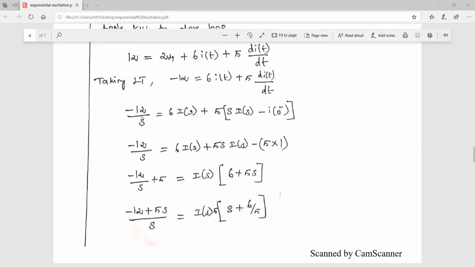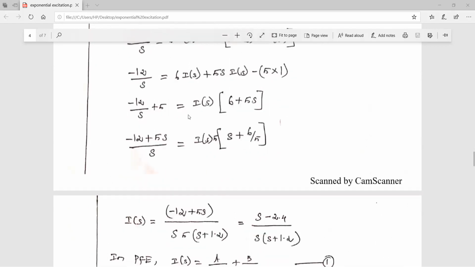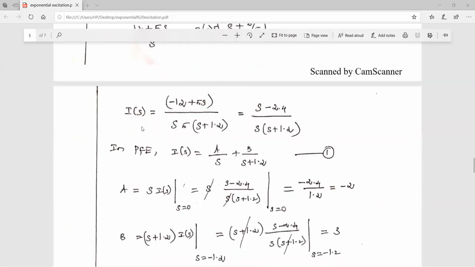So next step: minus 12 by s equals 6 into I of s plus 5s I of s minus 5 into I of 0 minus, whose value is 1. So you collect the constant to the left-hand side, and take I of s as common. You just rearrange, and this is the I of s formula.